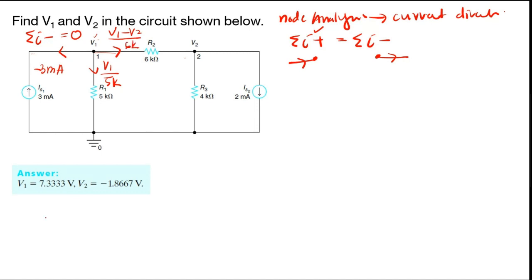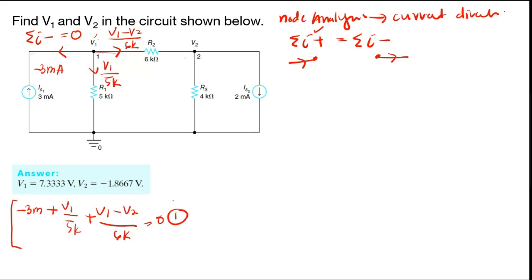Then you put them into your equation: negative 3 milli plus V1 over 5K plus V1 minus V2 over 6K equals 0. So this is your first equation.